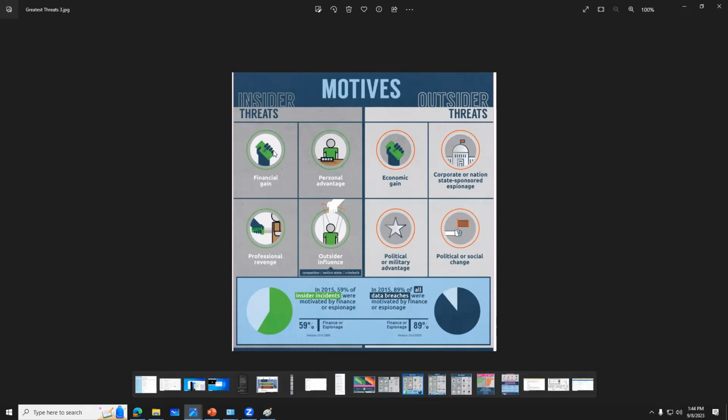The competition wants the data on your organization. And believe it or not, there are people on the outside of organizations, your competitors, that are willing to do that, right? Or maybe it's about getting promoted faster, so it's for personal advantage, and there's insider threats that have to do with hacking. Or professional revenge. You don't like someone on the job, so you want to discredit them, right?